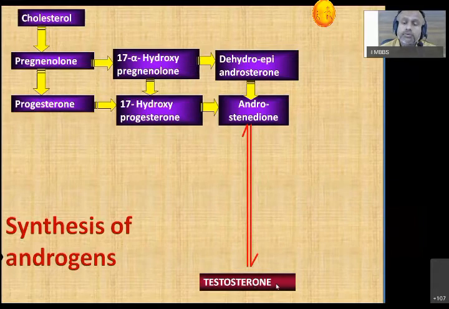Estrogen is formed from these two products, androstenedione and testosterone, by direct aromatization. The aromatase enzyme is present, and testosterone and androstenedione get converted into estrogen. Progesterone, another female hormone, is an intermediate product in the formation of testosterone as well as estrogen.